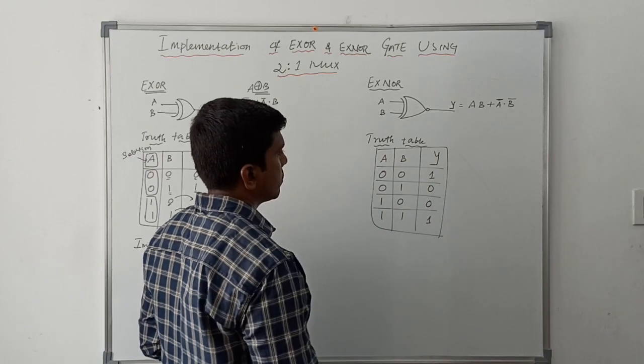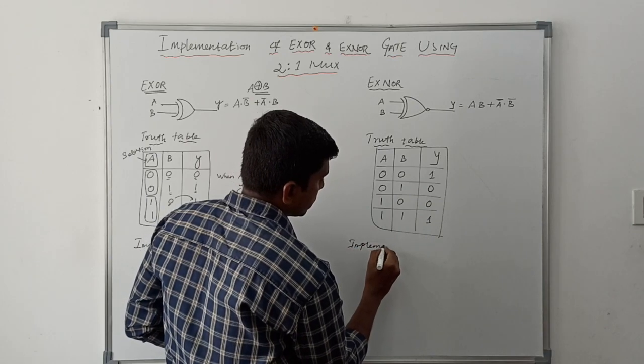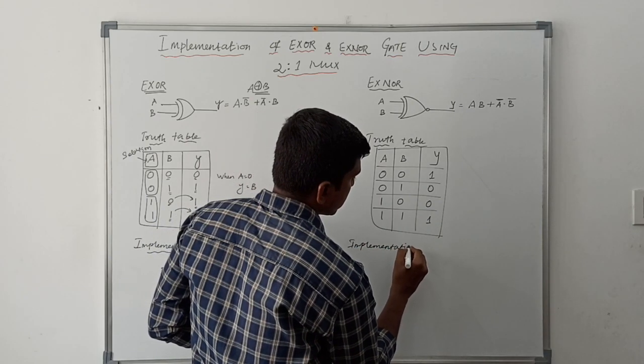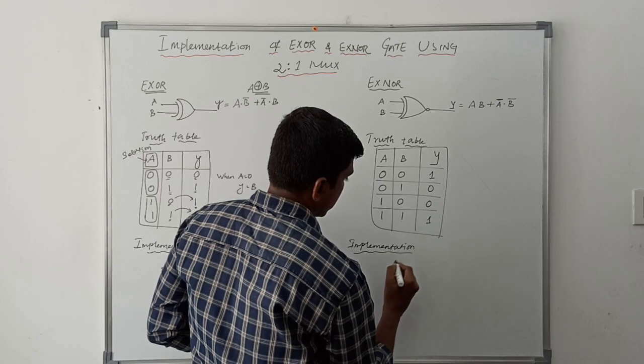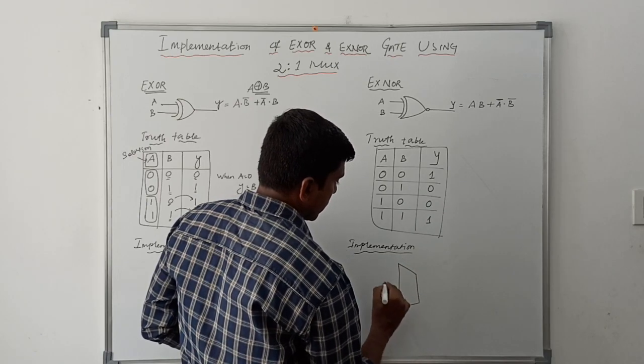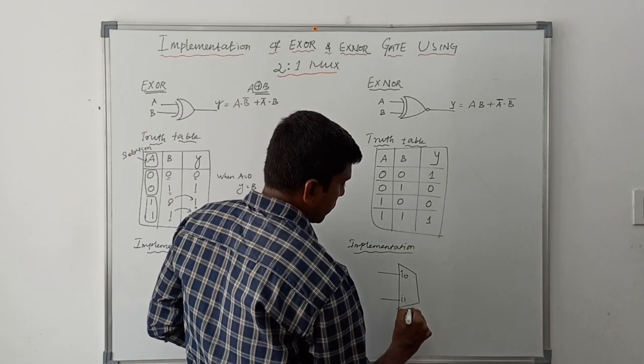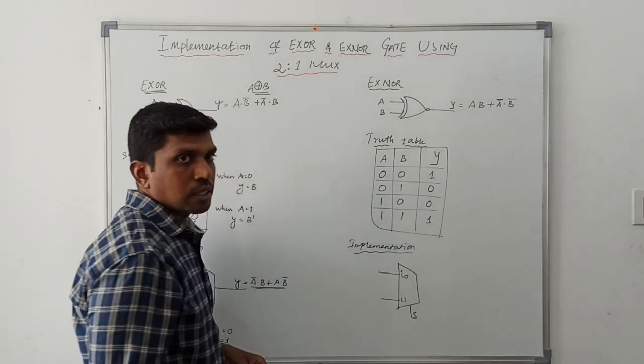Then come to the implementation diagram. It's a 2:1 mux, has 2 inputs, I0 and I1. This one is the selection line.